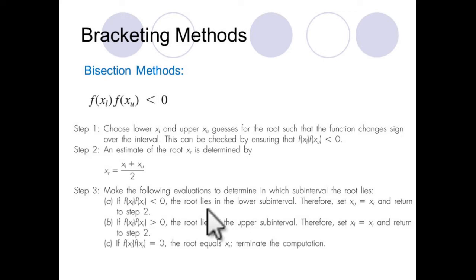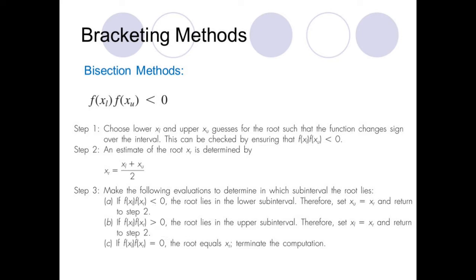between these two, and then we evaluate the function at this new point, and we check if our new point xr is on a different side of the axis compared to f of xl, let's say. So their multiplication will be negative.